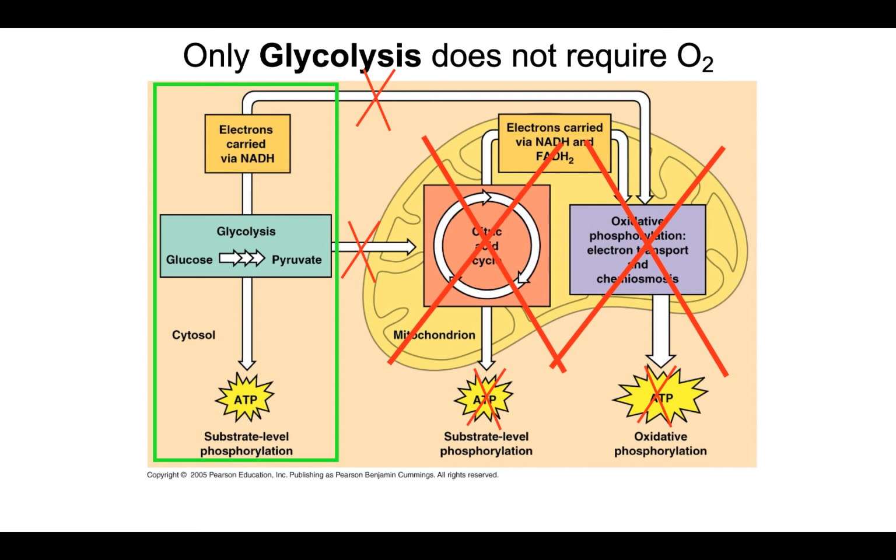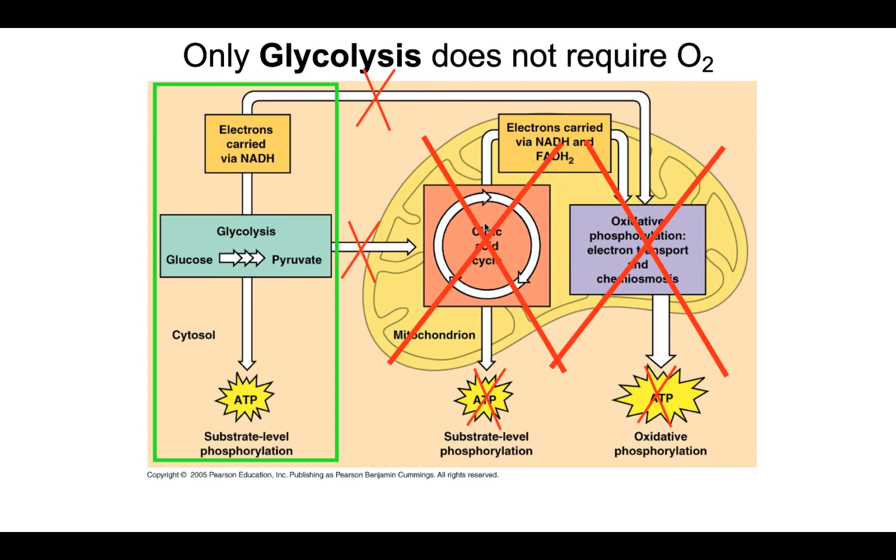Well, it solves a very important problem, and that is this: there are some cells that don't use oxygen at all, and there are sometimes when our cells need energy and they're not getting enough oxygen to supply it. When that's the case, oxidative phosphorylation shuts down without oxygen.